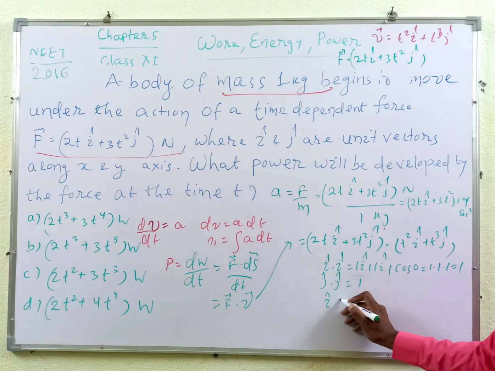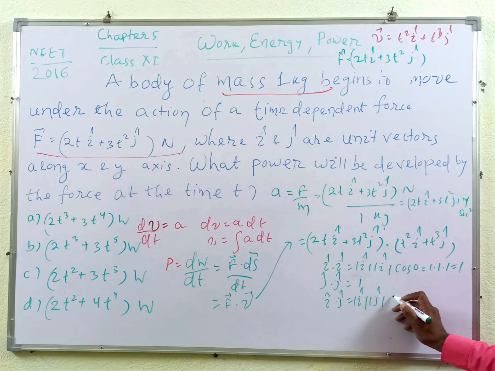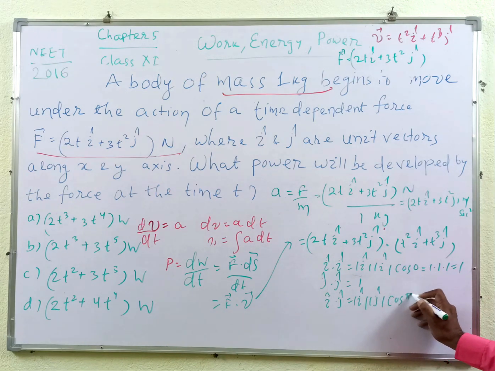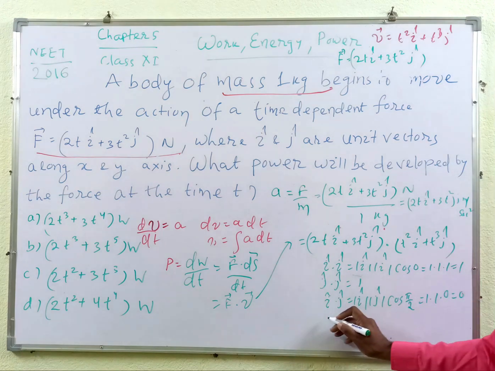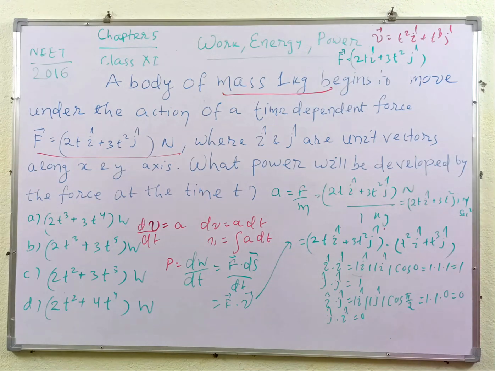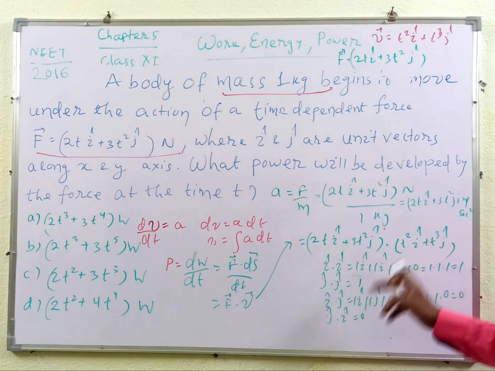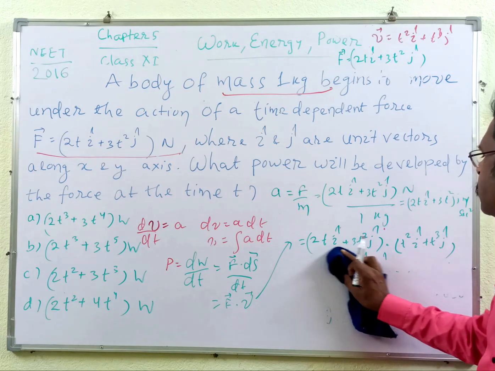i dot j will be equal to mod i, mod j and the cosine of the angle between them, that is π/2 or 90 degrees. So 1 into 1 into 0 is equal to 0. Similarly, students, j cap dot i cap also will be 0. So the i dot j or j dot i terms will vanish here, and which terms will remain?